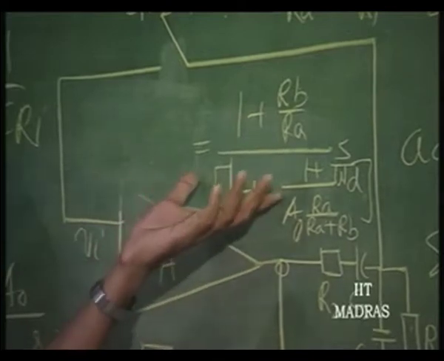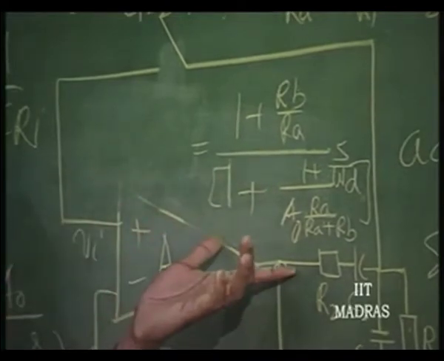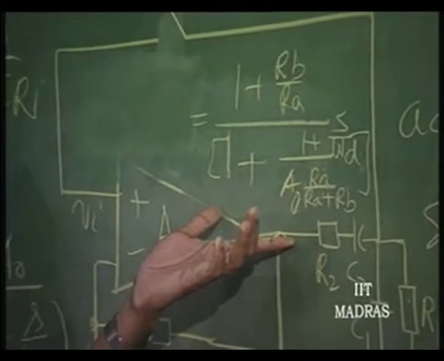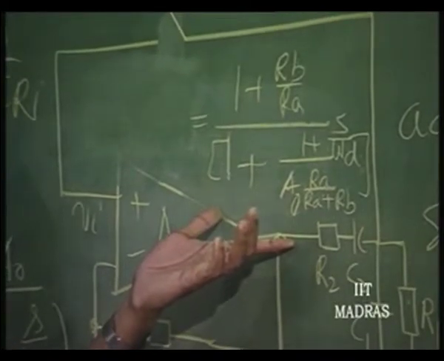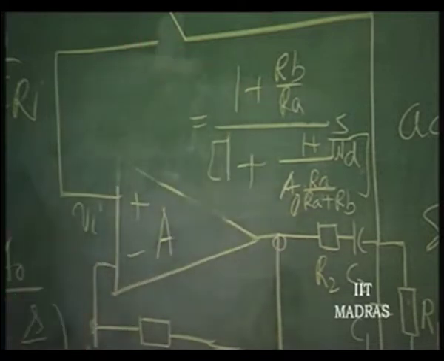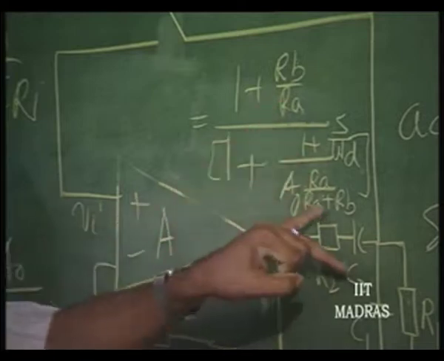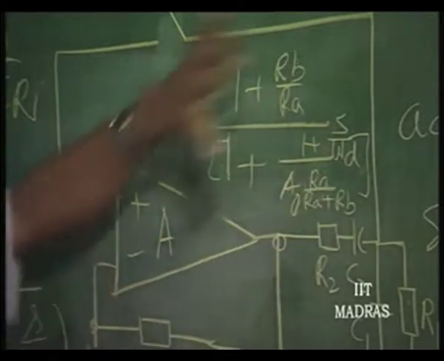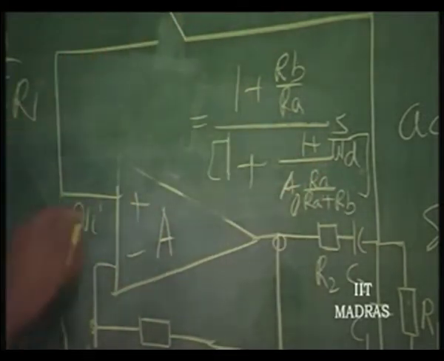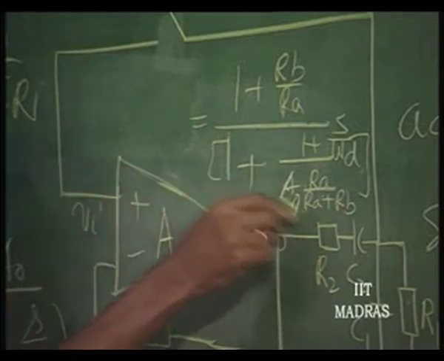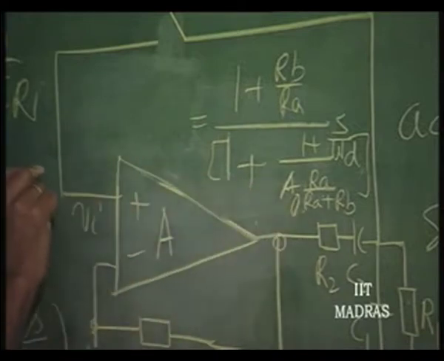Earlier, this was purely real from here to here, either 1 plus R B by R A or 1 plus R B by R A divided by 1 plus 1 over loop gain, as long as the loop gain was real. But now, the loop gain is contributing to a phase shift. The whole thing therefore says that the output is not exactly in phase with input.